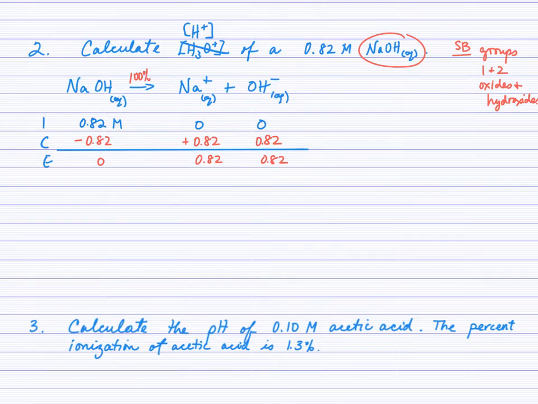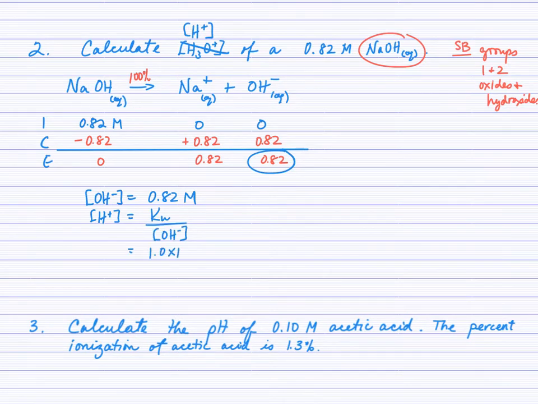Okay, so what's relevant for us now? Well, this hydroxide ion concentration. Now that we know this hydroxide ion concentration in solution, this becomes like a problem you did in yesterday's work. We determine the hydrogen ion concentration by doing Kw divided by that hydroxide.